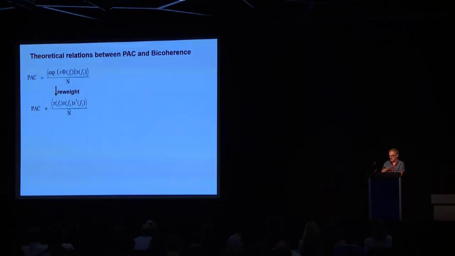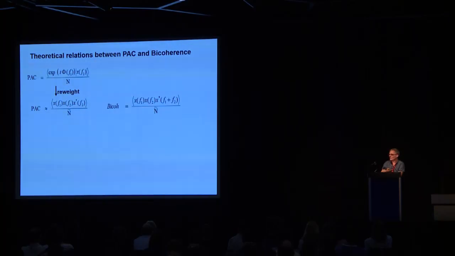And if I do this, I come up with this formula and compare this with bicoherence on the right side. Probably it's too quick to go through formulas, but I tell you, it's almost exactly the same thing. PAC and bicoherence are almost the same, except that if you really look at it, PAC, in this form at least, should be 0.